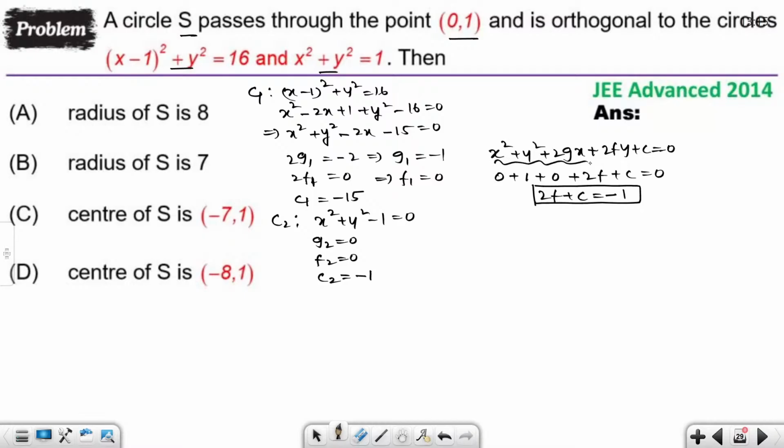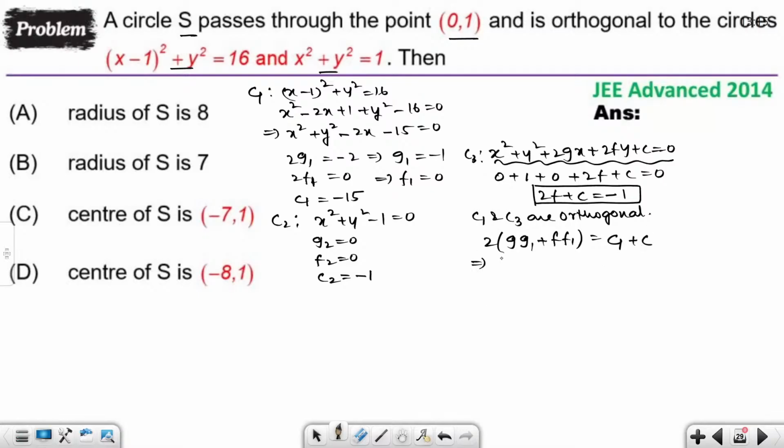As this circle is orthogonal to C1, let me denote this circle by C3. So as C1 and C3 are orthogonal, I will simply write 2 times (G1 g plus F1 f) equals C1 plus c.